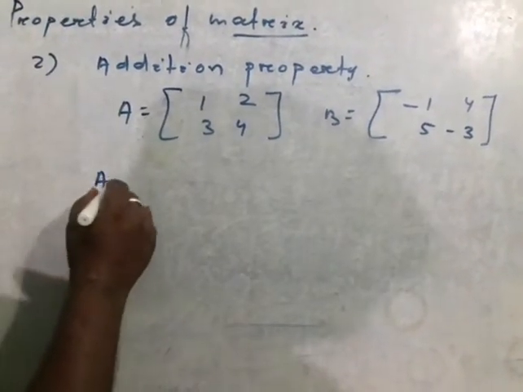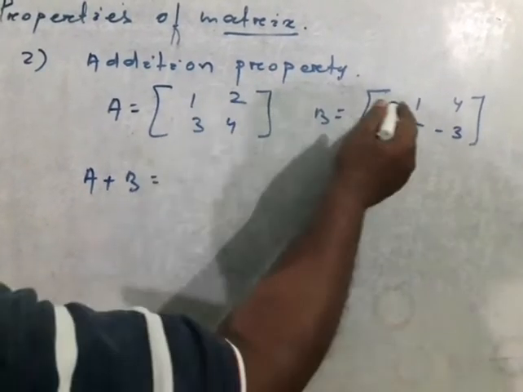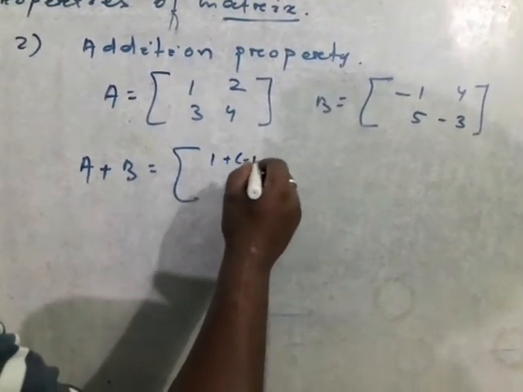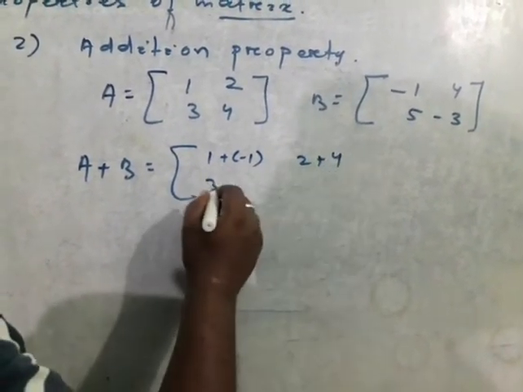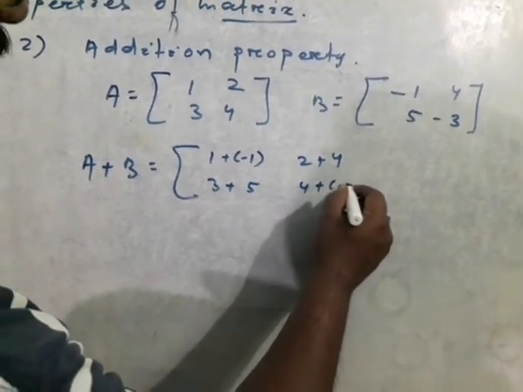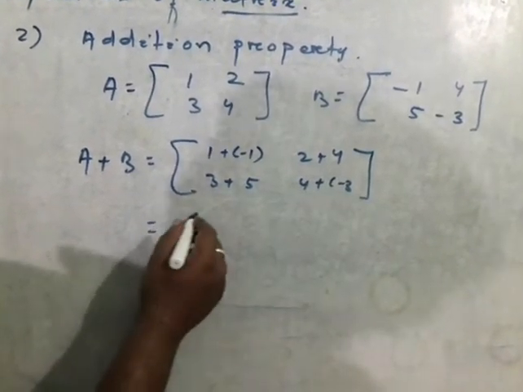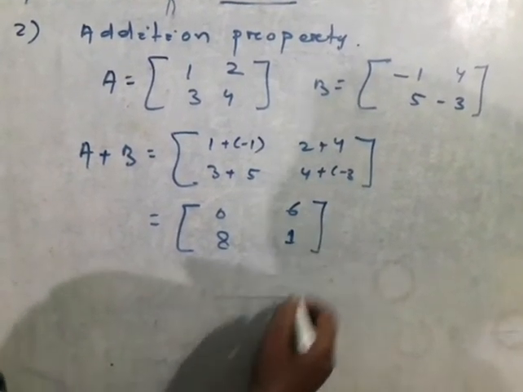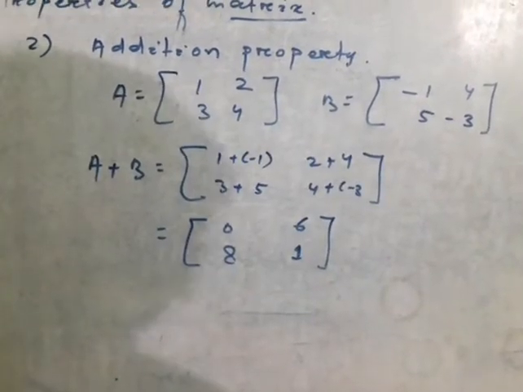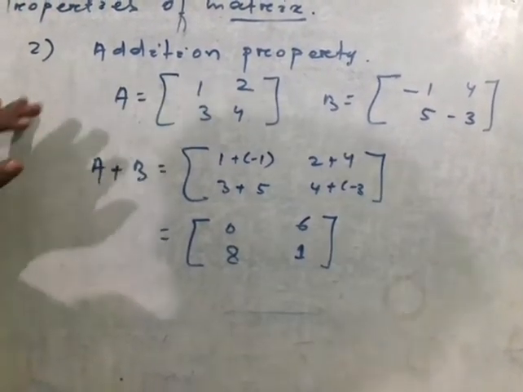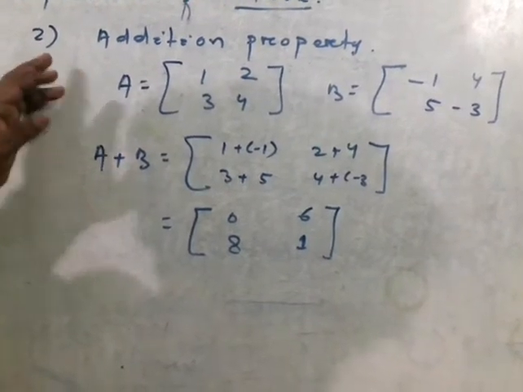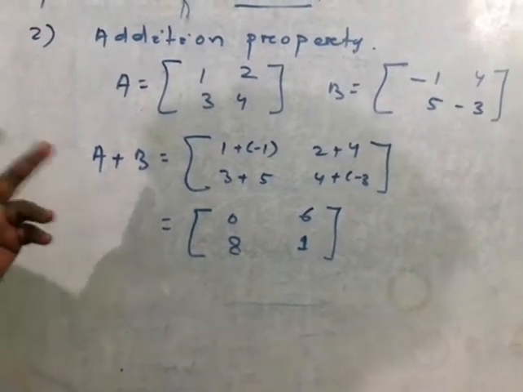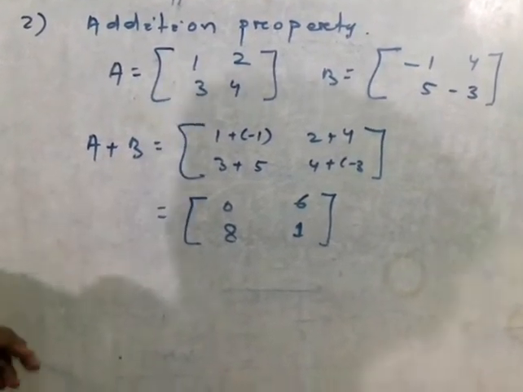A plus B will be equal to the corresponding components added up: 1 plus minus 1, 2 plus 4, 3 plus 5, 4 plus minus 3, which will be equal to 0, 6, 8 and 1. So only when the orders of the matrices are equal can the addition be possible, and in such cases the corresponding components are added up to get the sum of the matrices.